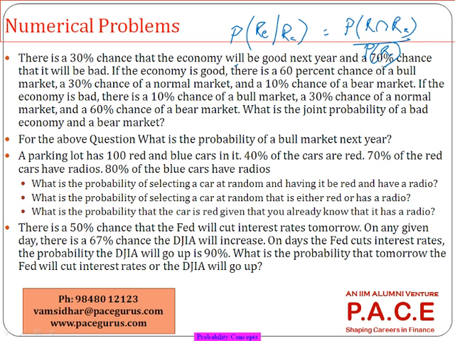There is a 50% chance that the Fed will cut the interest rates tomorrow. Probability of cut is 50%. On any day, there is a 67% chance that the DJIA will increase.